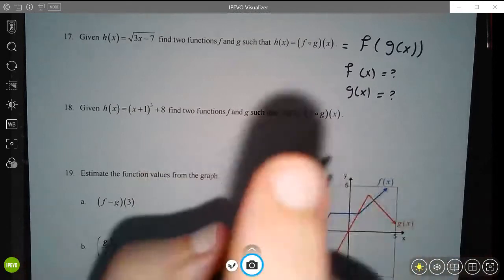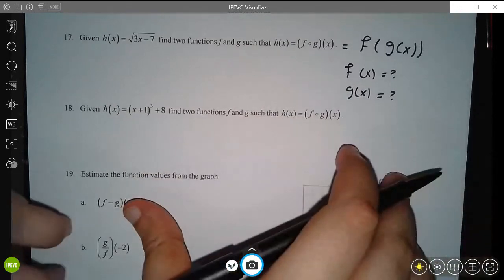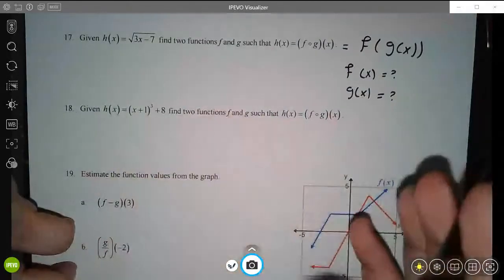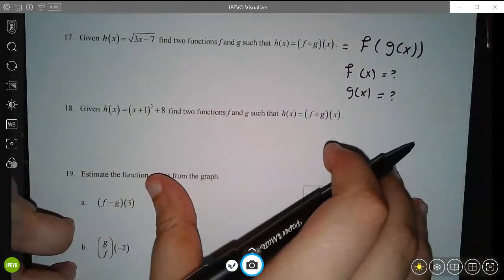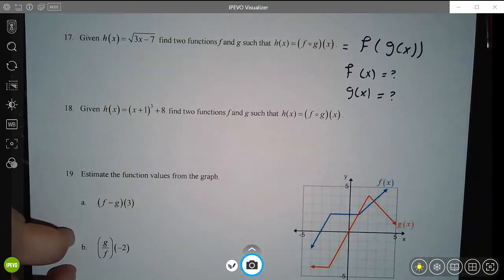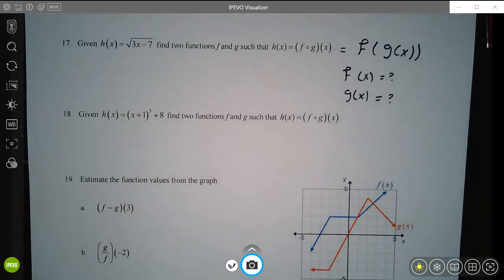Okay, let me give you one example. This is one answer possibility. There could be so many more. Let's see. Root of 2x minus 6 and x minus 1.